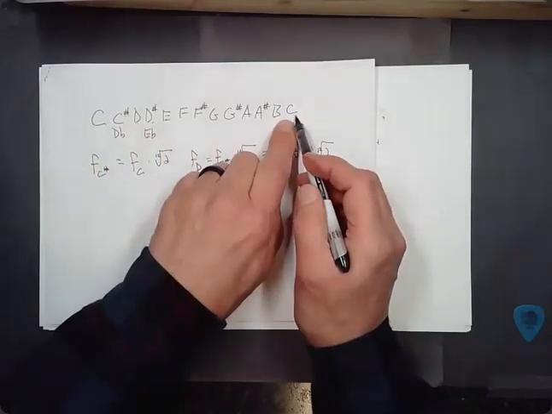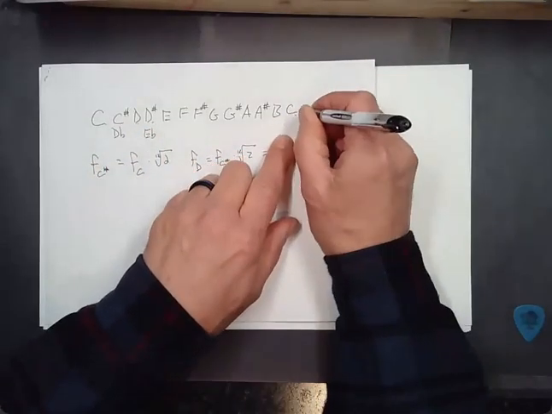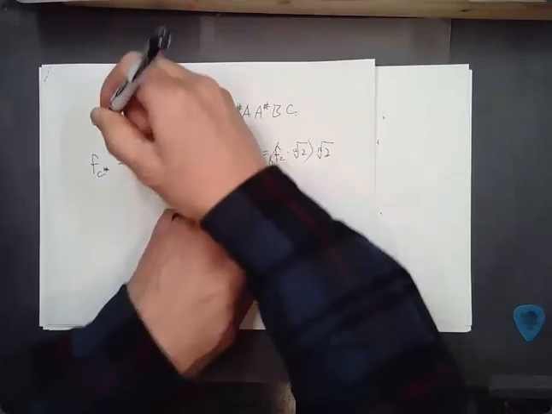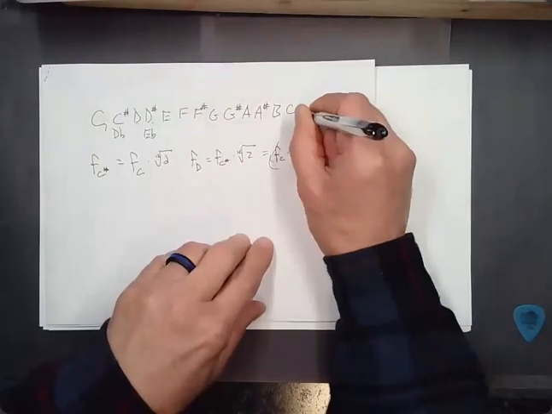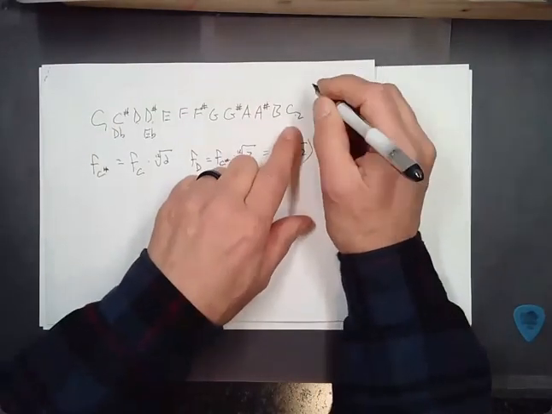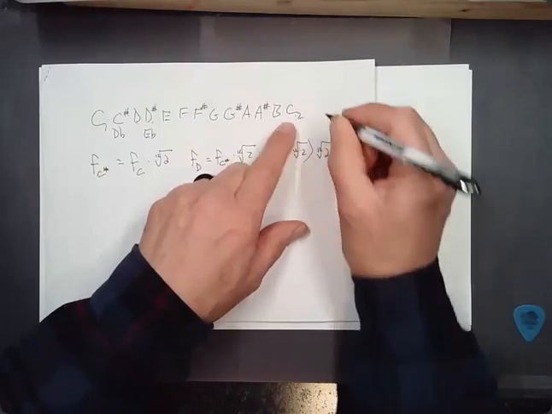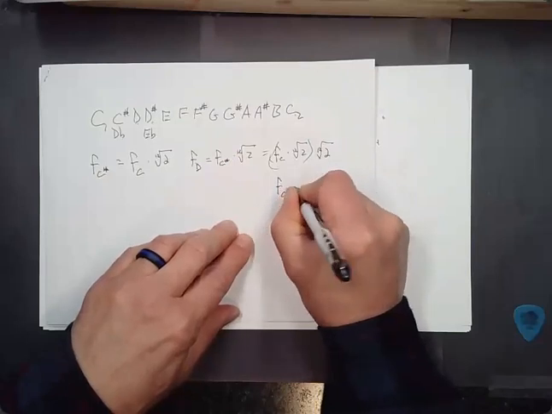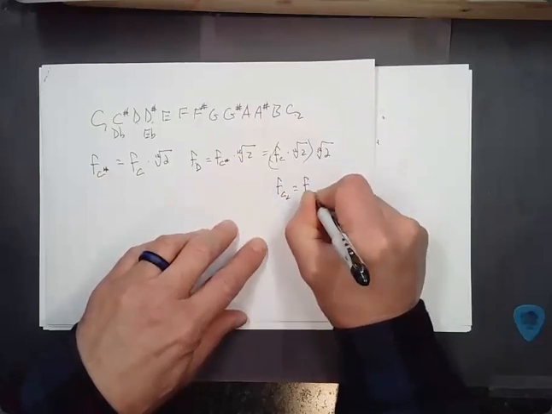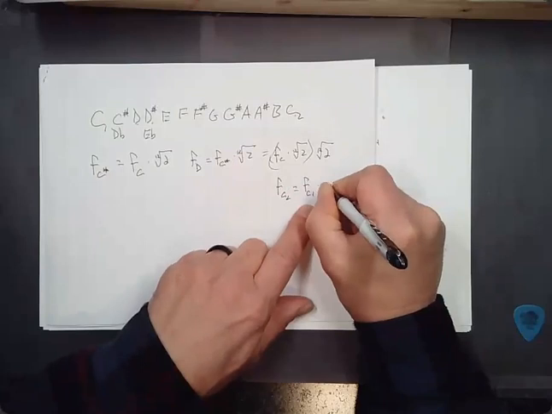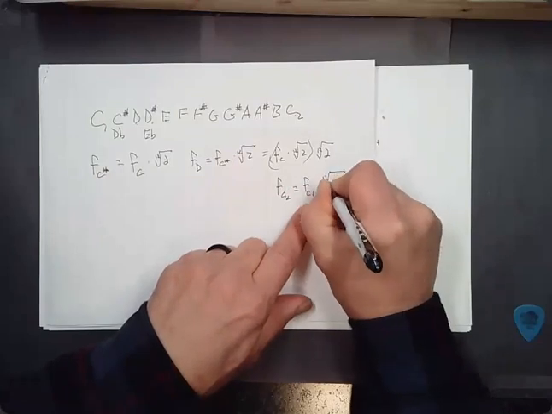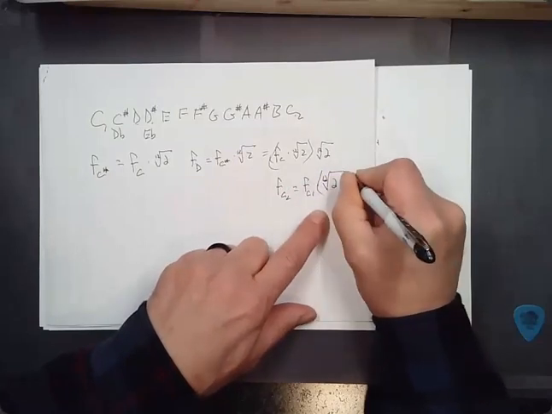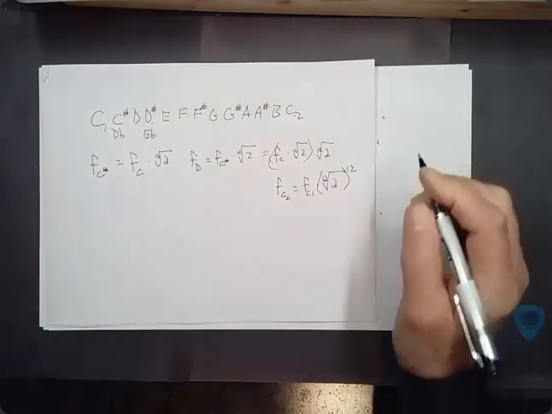And when you get up here, if I call this C1 down here, and this is C2 up here, an octave higher, the frequency of C2 would equal the frequency of C1 times the 12th root of 2 to the 12th power.